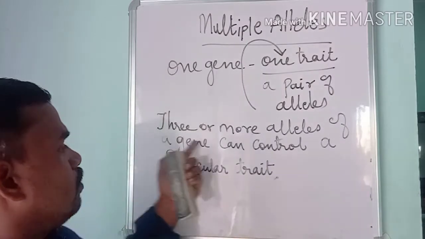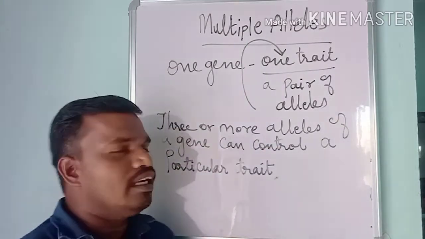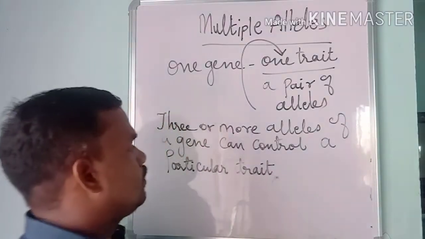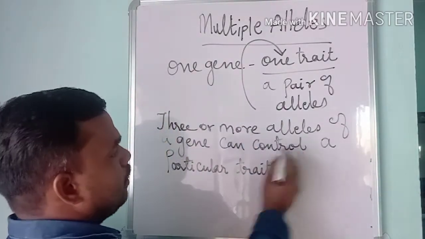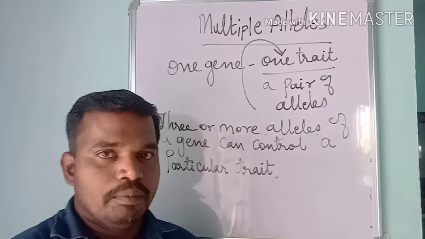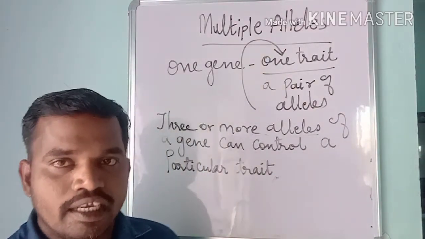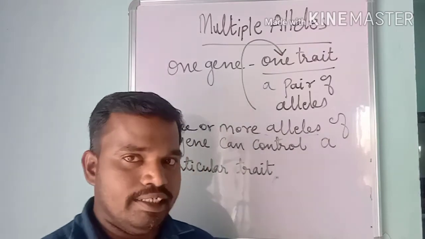Got it? Three or more alleles of a gene can control a particular trait. These alleles are known as multiple alleles. And the inheritance of multiple alleles is known as multiple allelism.